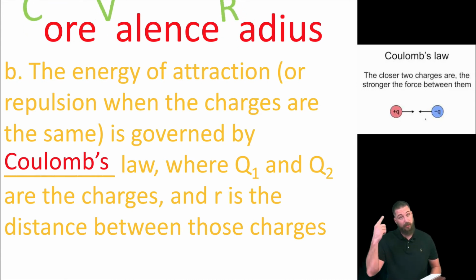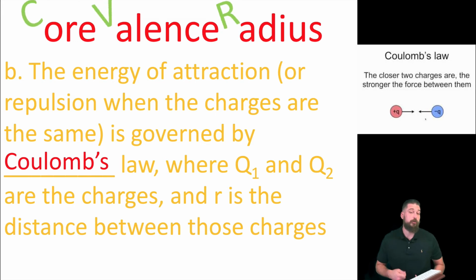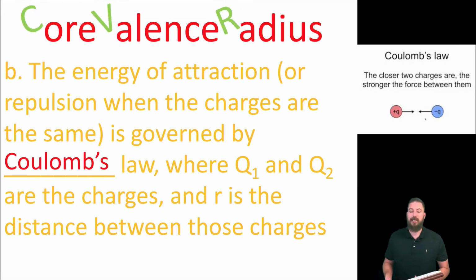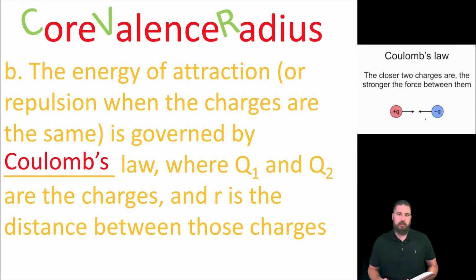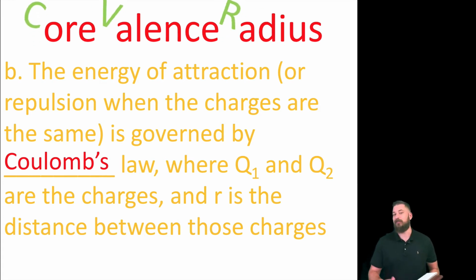Let's think about how electrons are attracted to protons. If an electron is close to a proton, there's going to be a stronger force of attraction. And the other one is the amount of charge. So if we have an electron and there's a nucleus that has a lot of protons, that electron will be attracted to more protons than fewer protons.